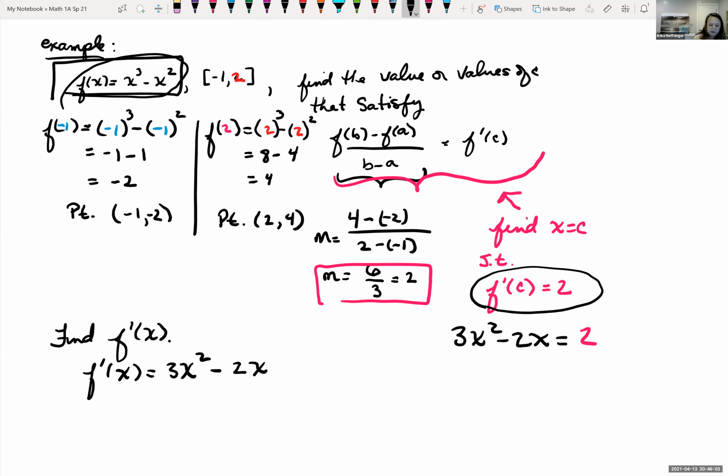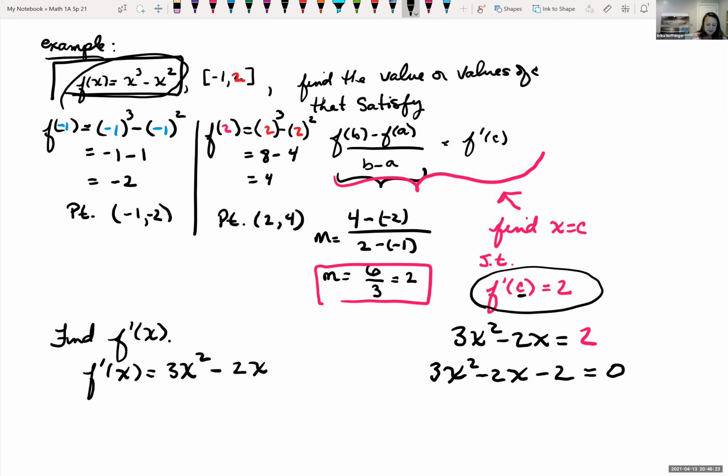We need to solve this equation to figure out our value c. Notice this is a quadratic, so we want to set it equal to 0. So 3x squared minus 2x, subtracting 2 on both sides, minus 2 equals 0.